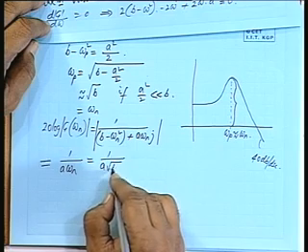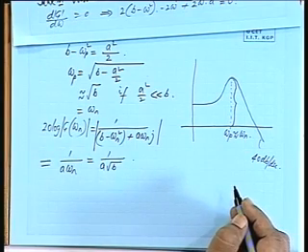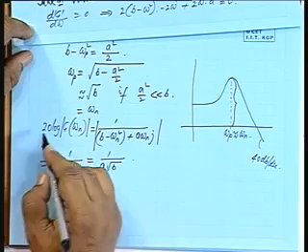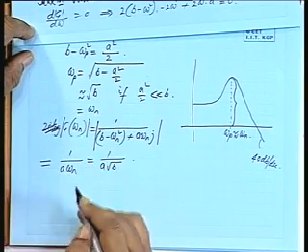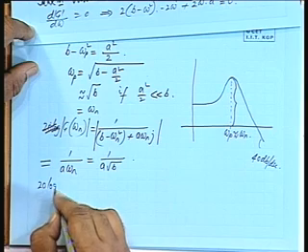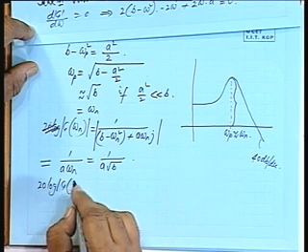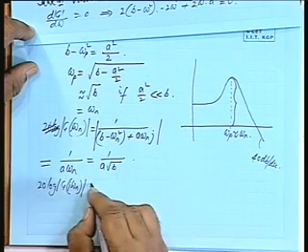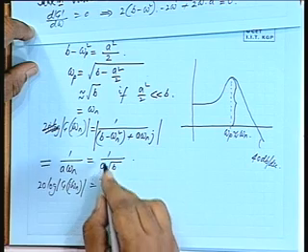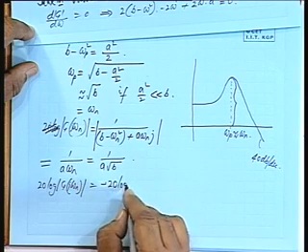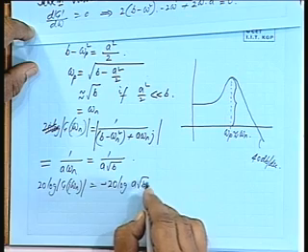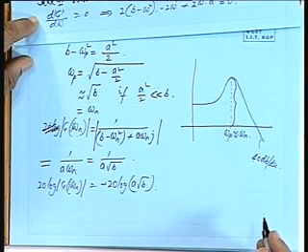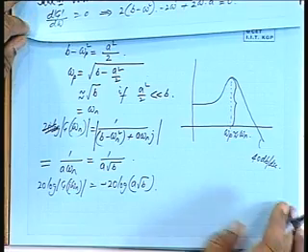So, 1 by a root b. Therefore, at omega n, 20 log of g will be minus 20 log of a root b, because it is in the denominator. Is that all right?